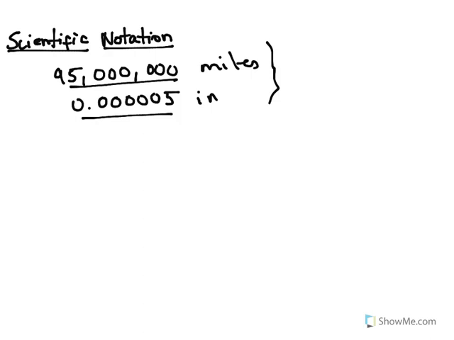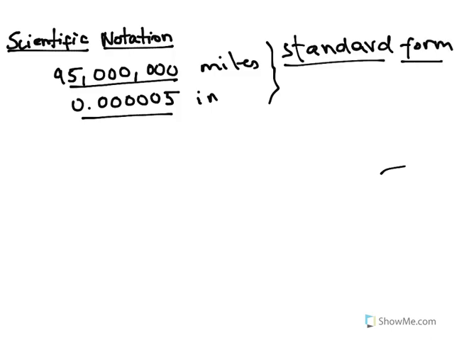We usually represent numbers using what we call the standard form. The standard form is the form that you have been using to represent numbers, and numbers represented in standard form are written using a decimal notation.